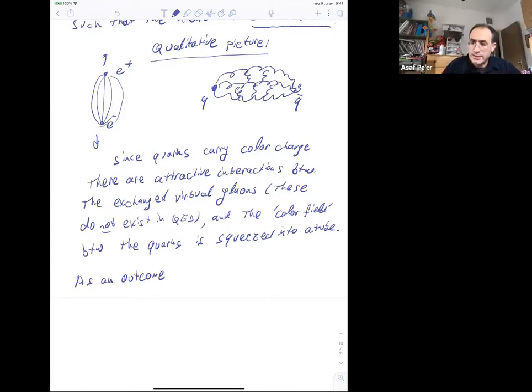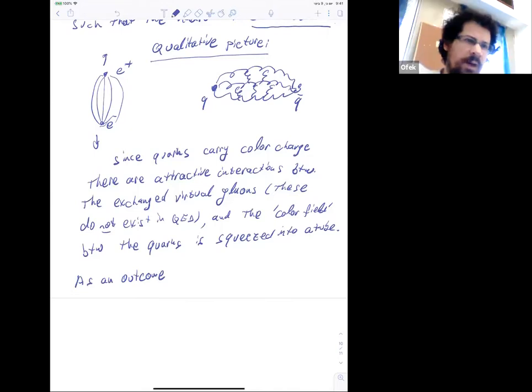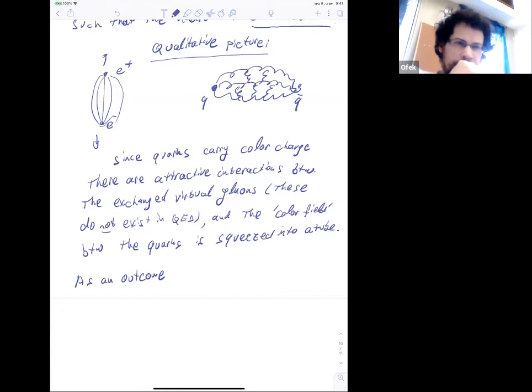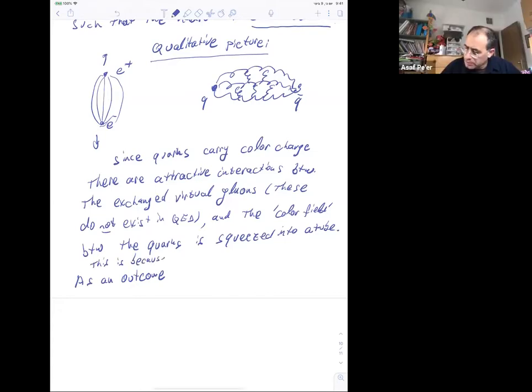Yes, with color. The gluons are also charged because they carry color. The quarks carry color and the gluons carry color as well.